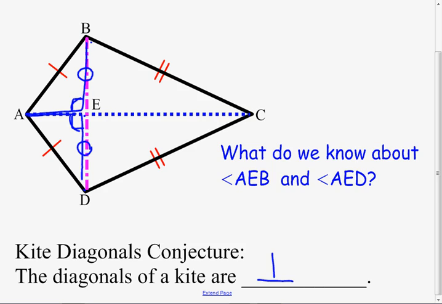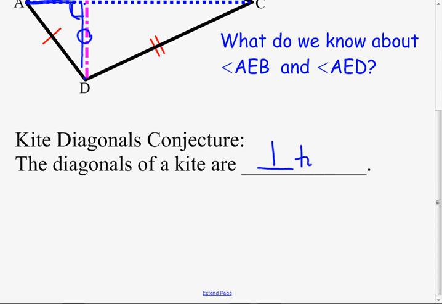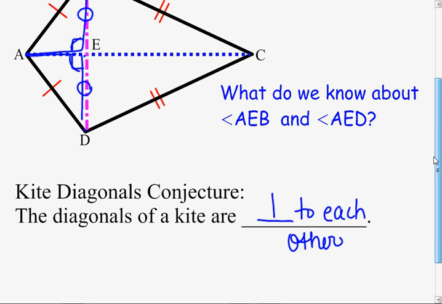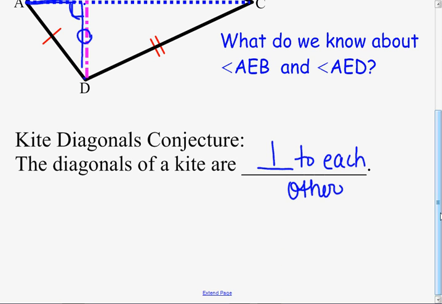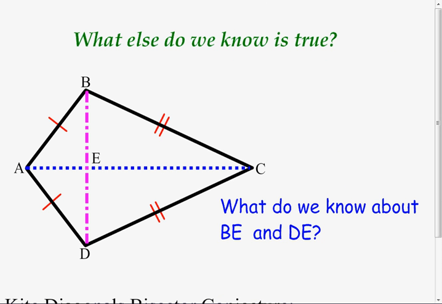Remember the perpendicular symbol? More than that, one diagonal is the perpendicular bisector of the other. If you draw a good picture, you will know which one's which. Okay, what else do we know to be true?